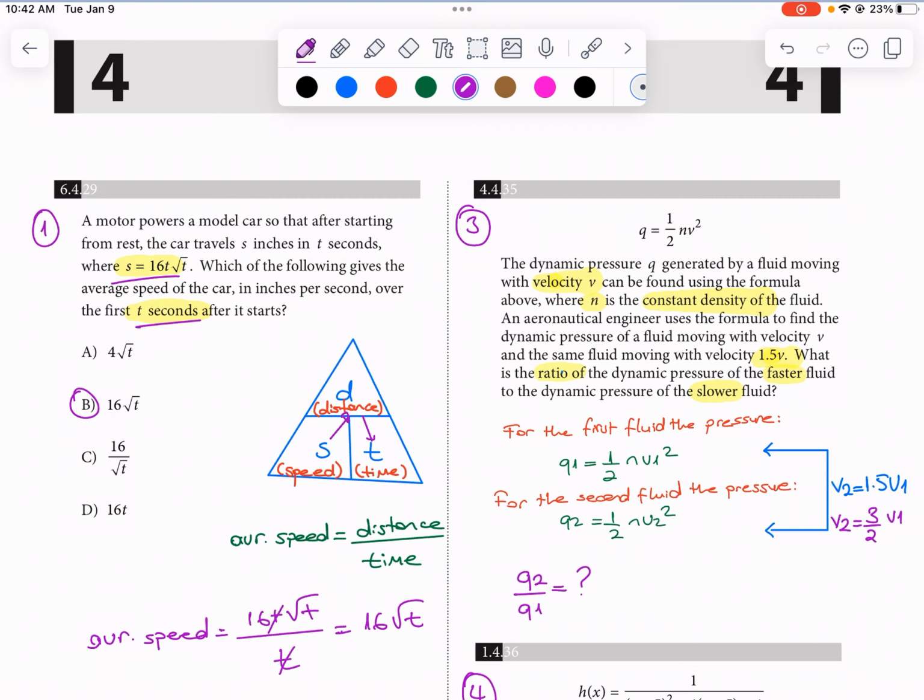In this case, we should know that the faster one is going to be the second one. The second dynamic pressure is going to be faster than the first one. So we are supposed to find Q2 over Q1. I will write V2 in terms of V1.